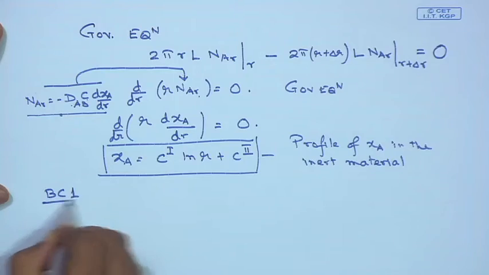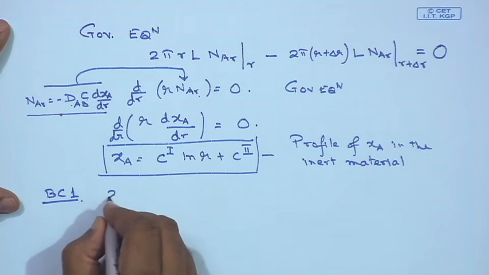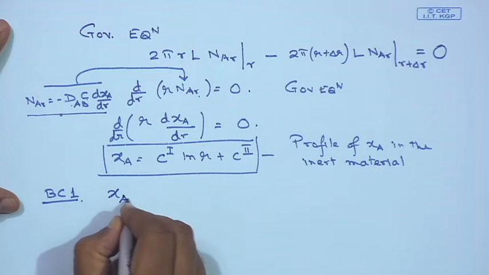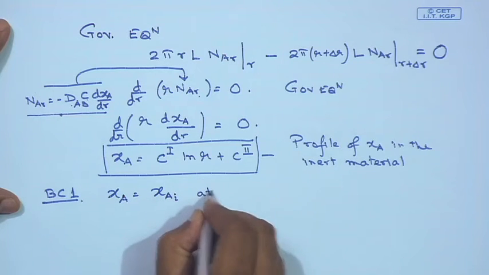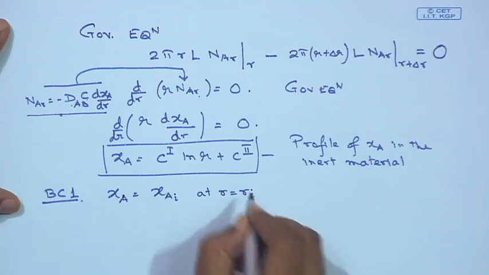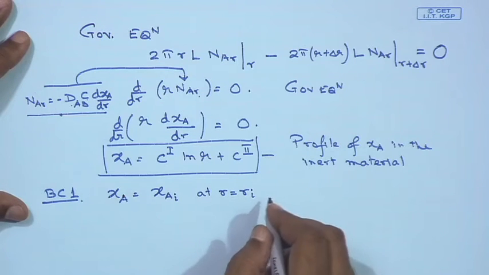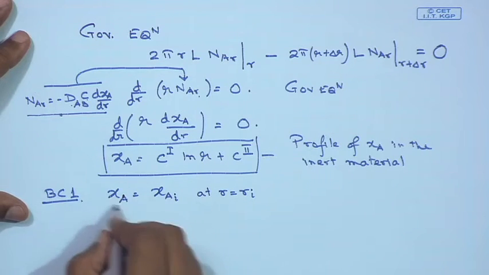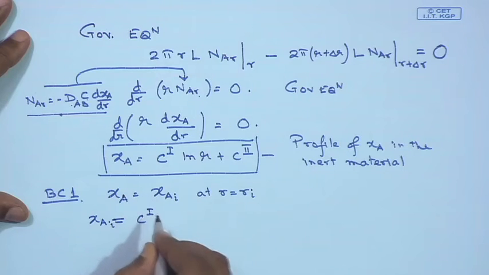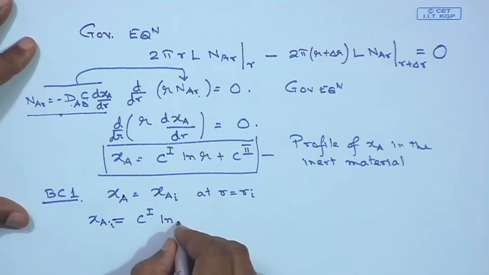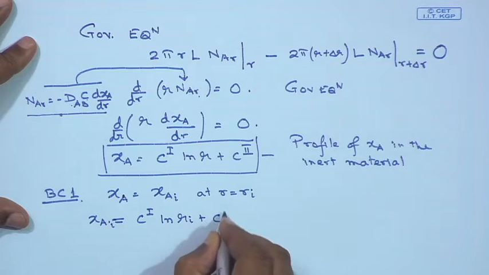So, boundary condition 1 would be that x_A, the mole fraction, is equal to x_Ai at r equals r_i. When you put the first boundary condition in here, it is simply going to be x_Ai equal to C1 times ln r_i plus C2.